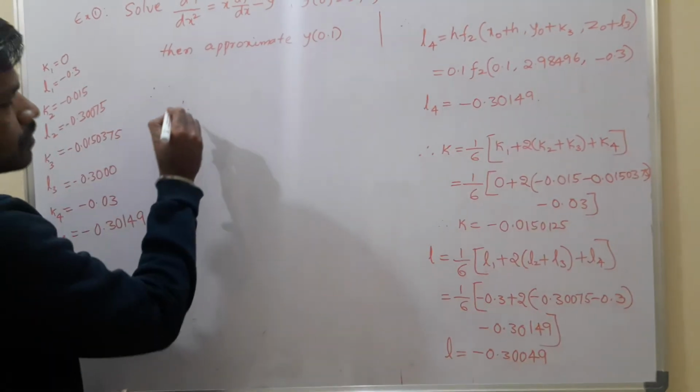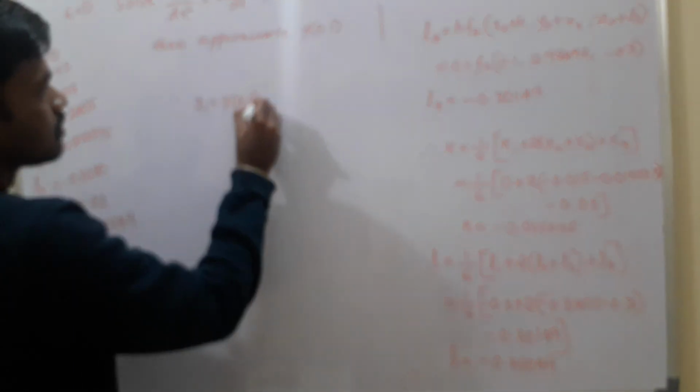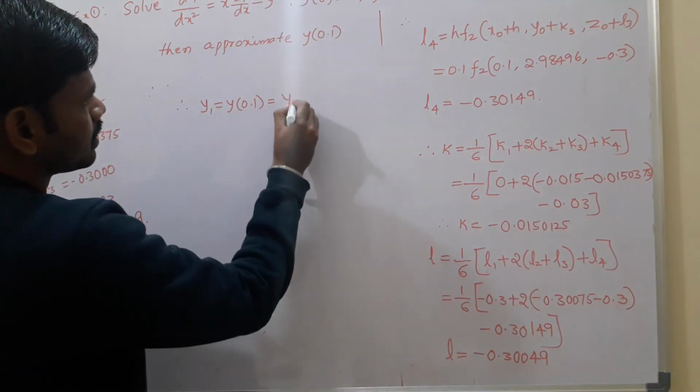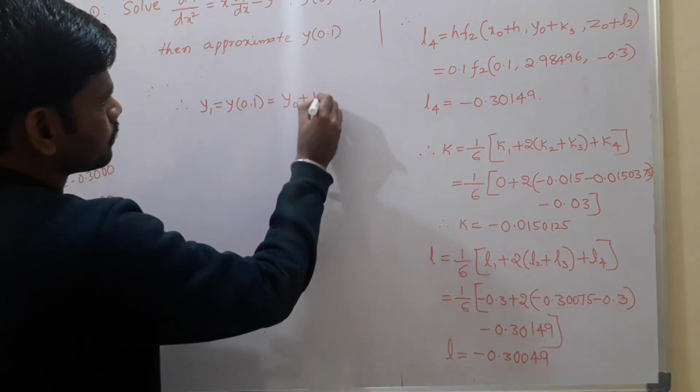Therefore y1 is equal to y of 0.1, that is equal to y naught plus k.